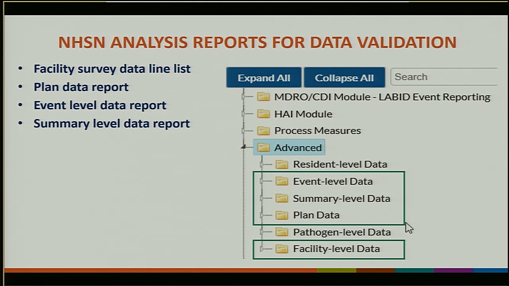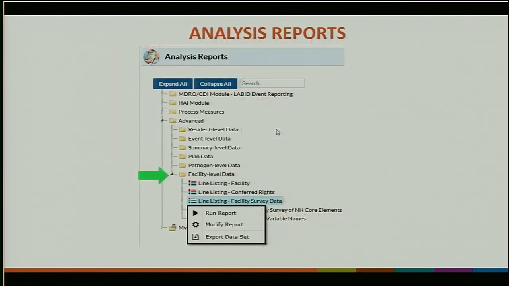The reports listed here can help you verify the monthly reporting plans, event data, and summary data submitted by you to NHSN. Be sure to always generate data sets prior to analyzing data. We will go through how to create each report: the event level, the summary level, data plan, and your facility data.